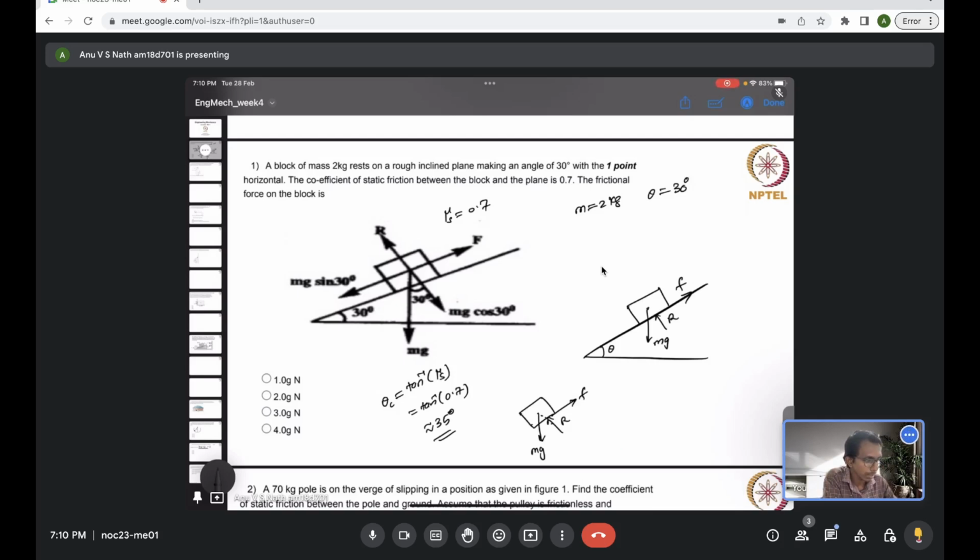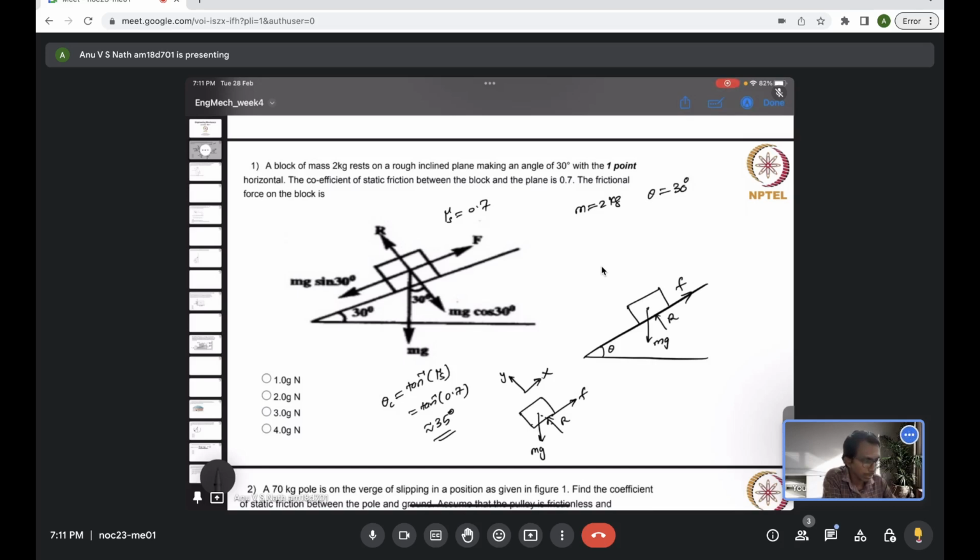I am taking a coordinate system with x along the surface and y perpendicular to it. The reaction force R acts in the y direction, and the frictional force F acts in the x direction, but the force mg is not acting along any of these directions. So I can resolve this into its components in the two directions.